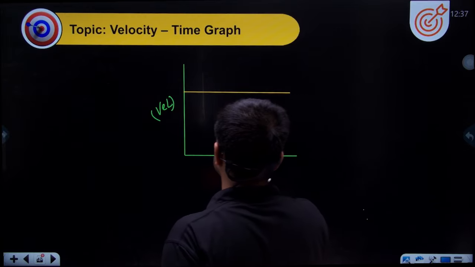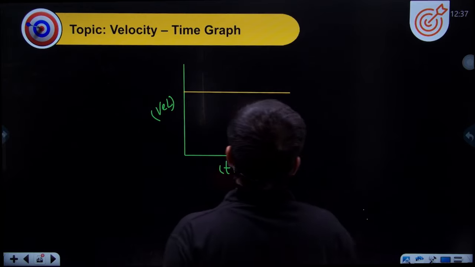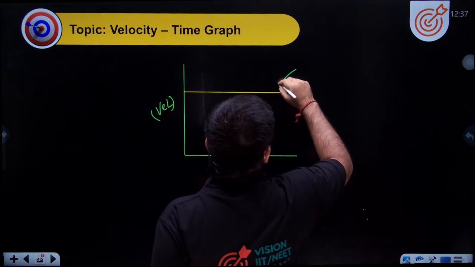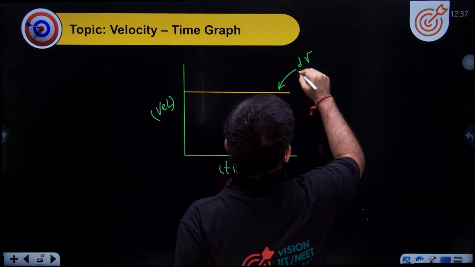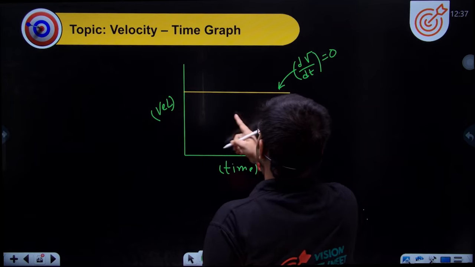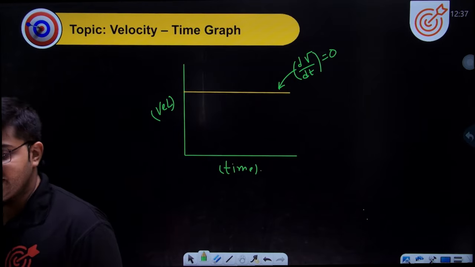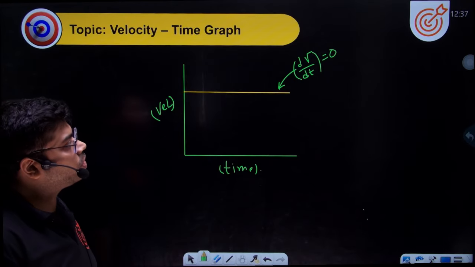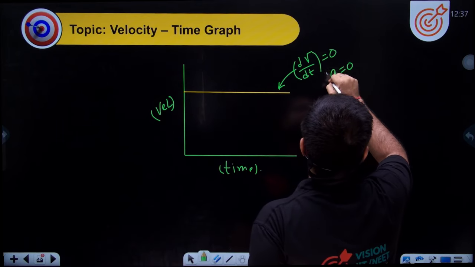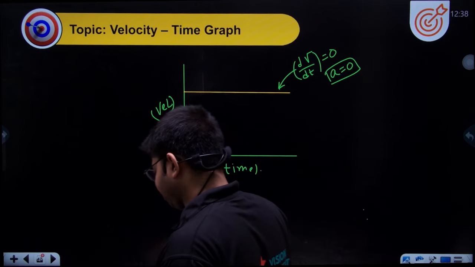So here we can say that my dv/dt is basically 0. So I can say that dv/dt, or the slope of this curve, is nothing but 0. So when a body is having a constant velocity, then the acceleration is basically 0. That is what we can infer from this graph.